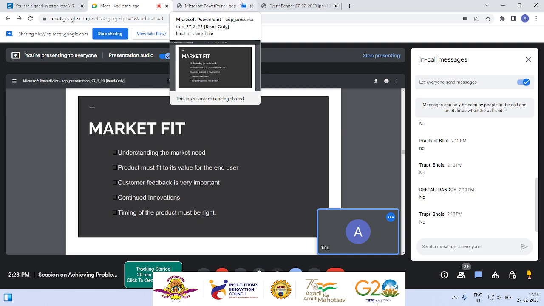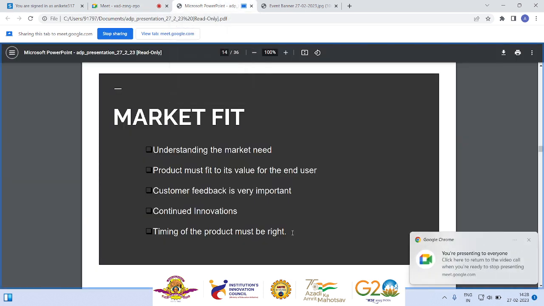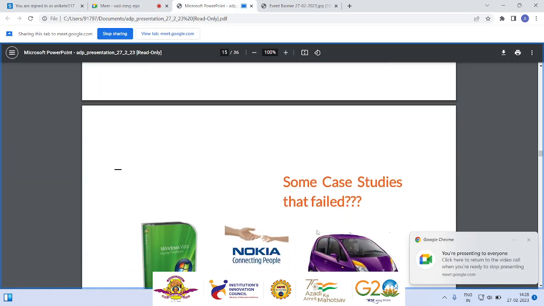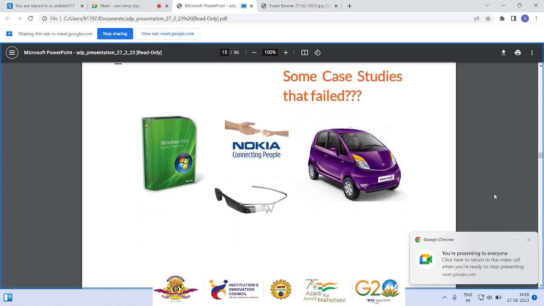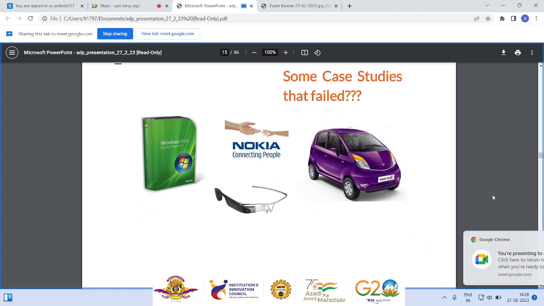So if you observe some of the failed case studies: Nokia, then the Windows Vista OS, then the Google Glass I referred to. It was an innovation much ahead of its time, but the supporting factors were not there. That's why it failed.